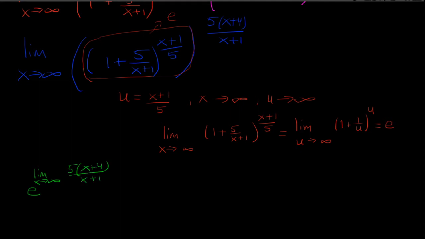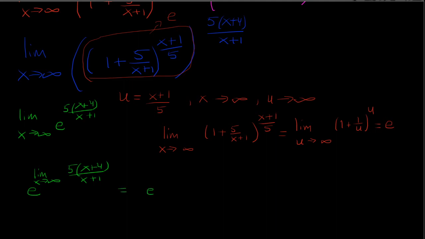Okay. So just to rewind a step, I have limit as x approaches infinity of e raised to the 5 times (x plus 4 over x plus 1). And then I'm taking this limit on top of the exponent. So the limit, instead of being on the bottom, it's going to go up to the exponent. So that's what I just did there.